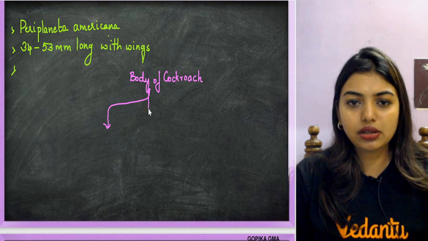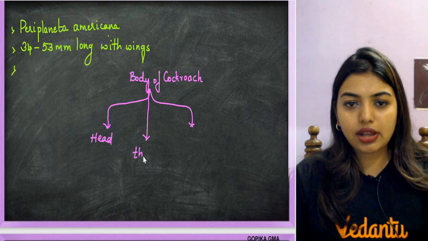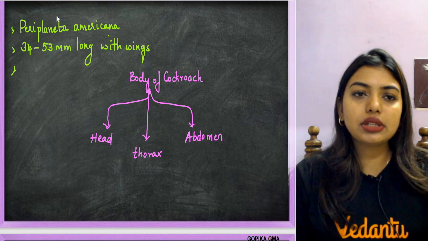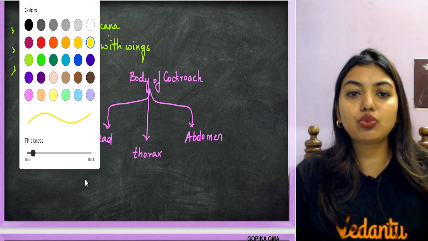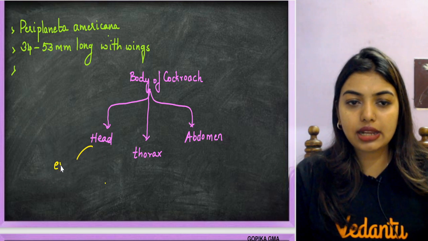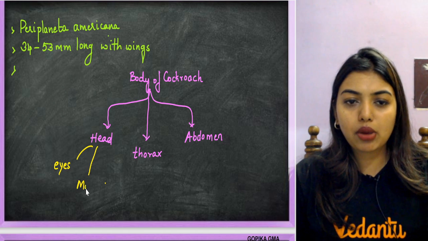One is called the head, another is called the thorax, and next is called the abdomen. Students, remember, on the head region, what is present? On the head region you will have eyes, compound eyes actually, and mouth parts.